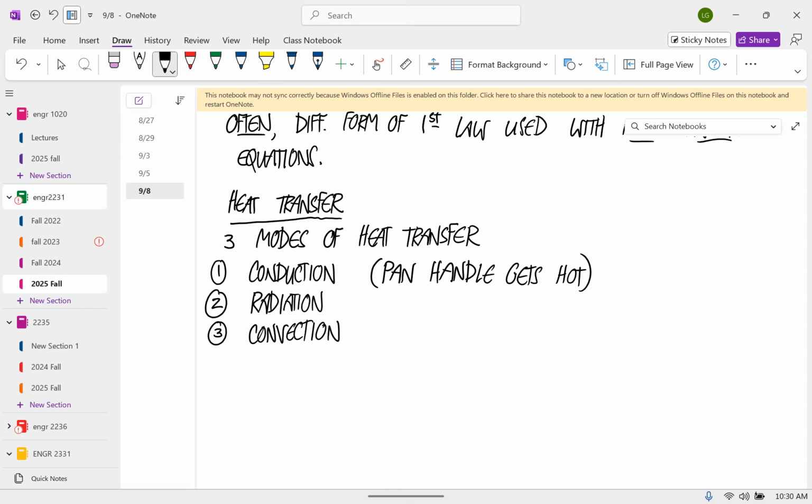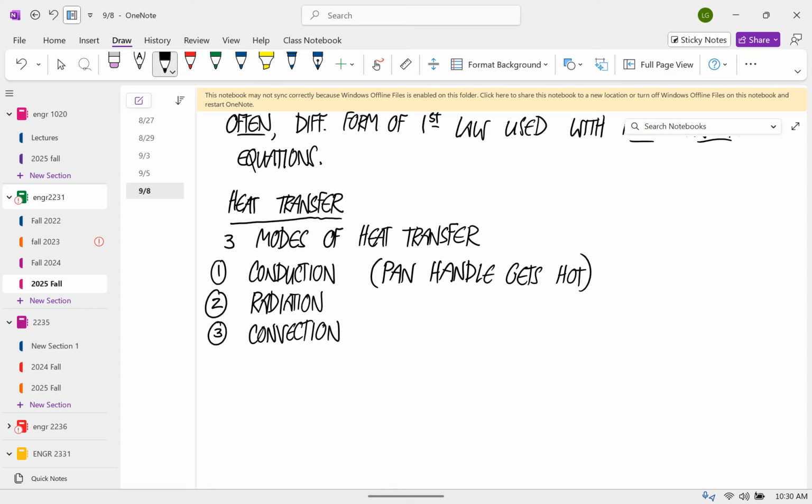But if you leave it on there long enough, the handle is going to get hot. And it's just because the high temperature at the cooking part of the pan starts to spread out through the material. So it's that spreading of temperature through the material, spreading of energy through the material.